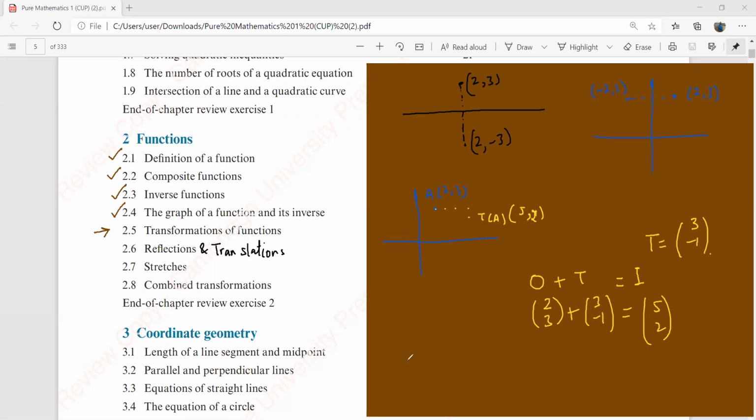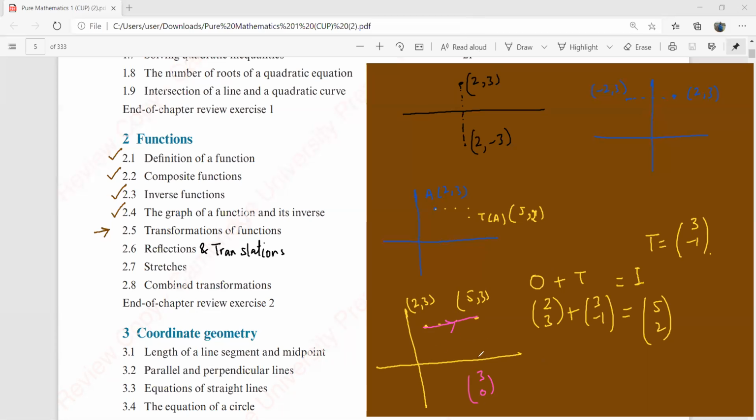So, for example, children, can you tell me the translation matrix if this point, which was here 2, 3, is translated to this position over here, from 2, 3 to 5, 3? Can you tell me what will be the translation matrix for this translation? 3, 0. Very good. The translation matrix is 3, 0 because your point has moved horizontally 3 steps to the right.